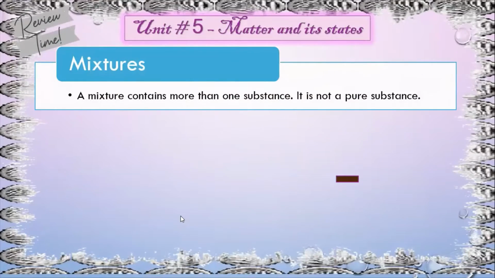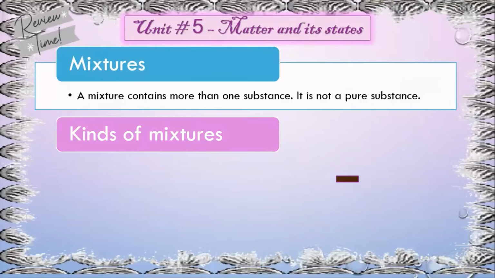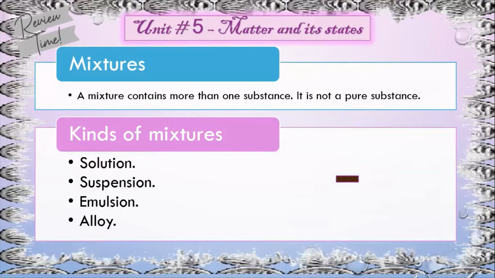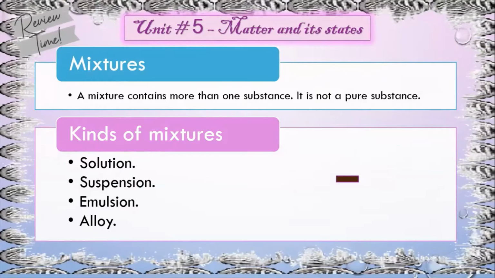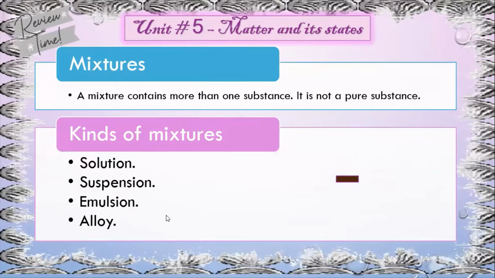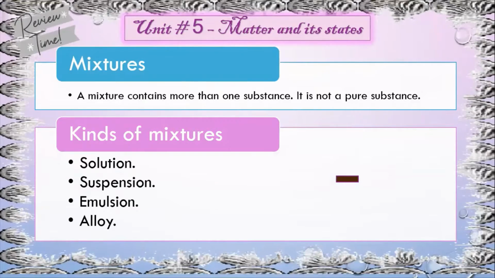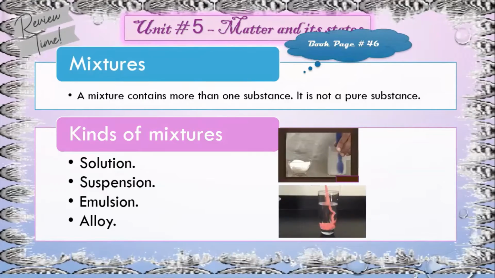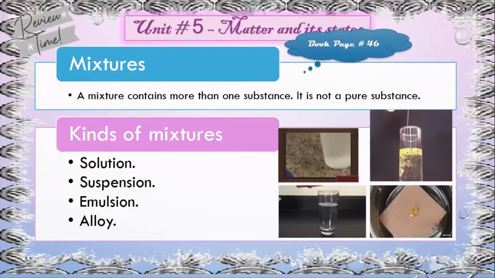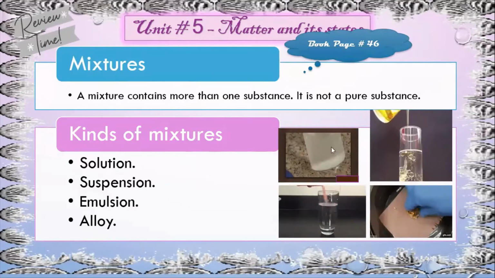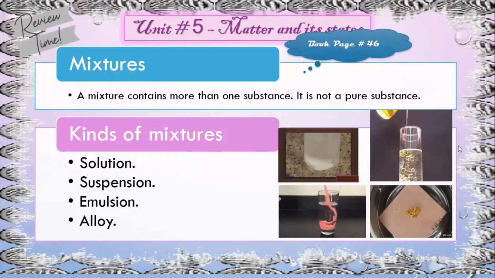Mixtures. As you know now, a mixture contains more than one substance. It is not a pure substance. For example, a mixture of sugar and water, or a mixture of ice cream. Ice cream may contain sugar, water, and cream. We have 4 kinds of mixture, that is solution, suspension, emulsion, and alloy. A solution is a clear mixture of a solid completely dissolved in a solvent.